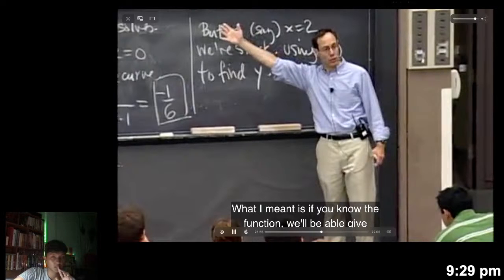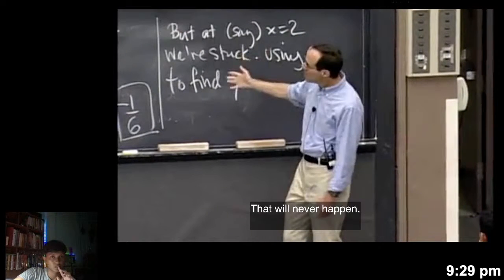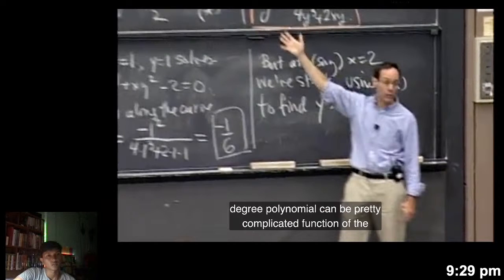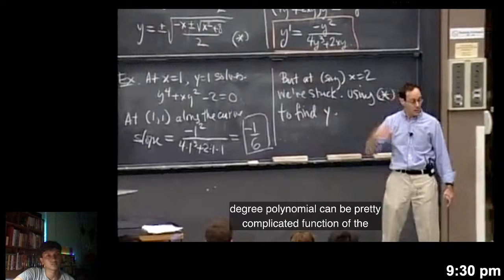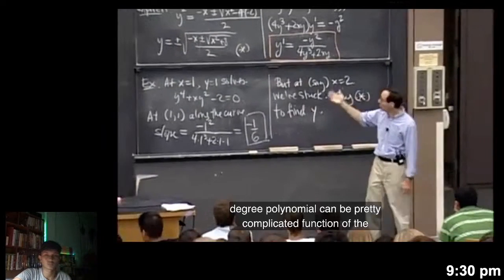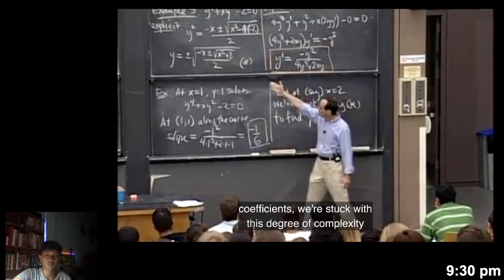However complex the function is, a root of a 4th degree polynomial can be a pretty complicated function of the coefficients. We're stuck with this degree of complexity in the problem.